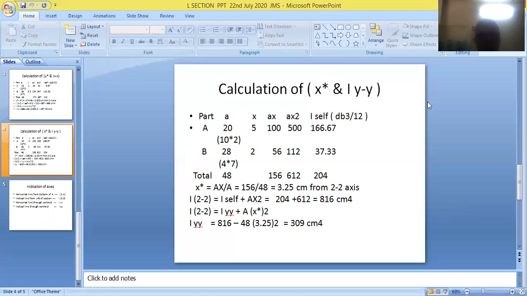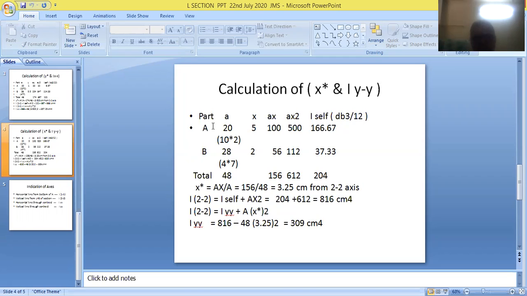So therefore, we have to do both the calculations, that is y bar and IXX calculations, which we have done in the previous slide. Also, separately, we have to make the calculations of x bar and IYY. So then only you will be in a position to get the final answers.